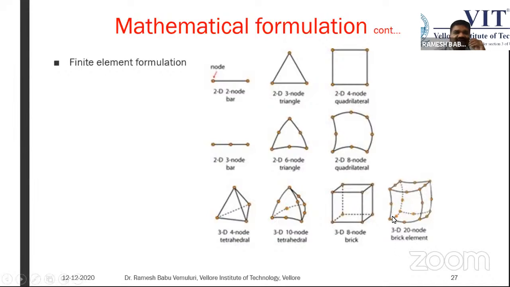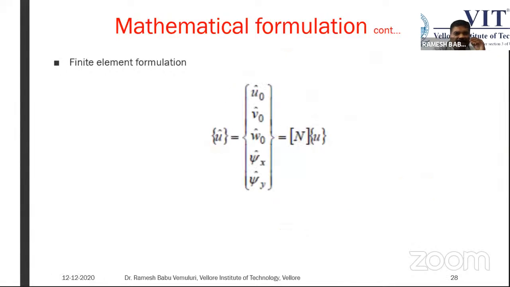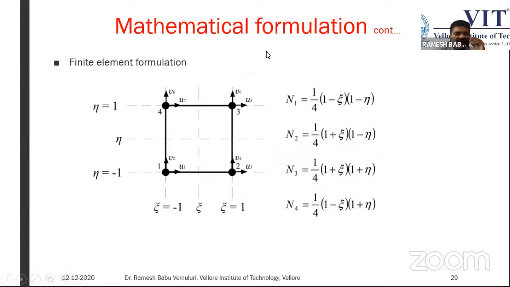So this way, we have elements in finite elements. Each element will have some number of degrees of freedom based on this. So I consider here only the four-noded quadrilateral type element, where each element is given a number.